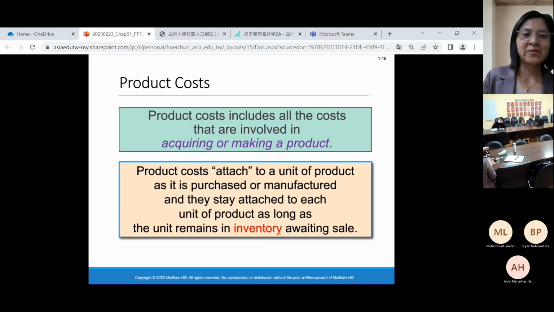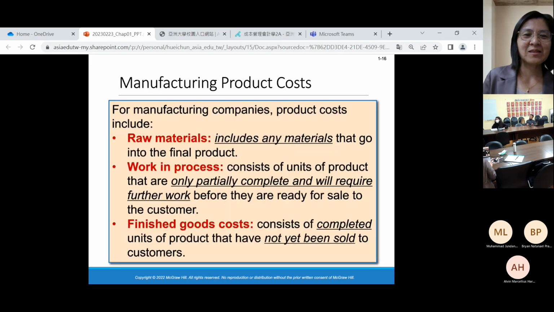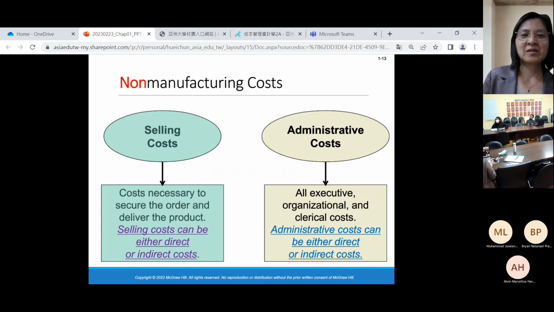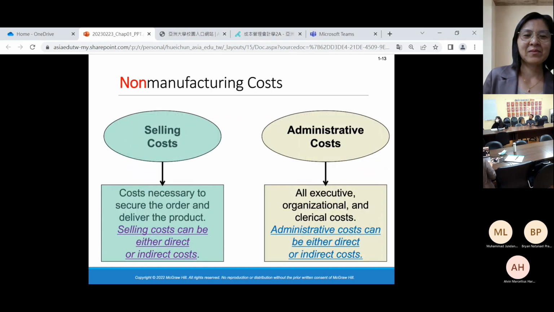So where is the definition for period cost? Let me see. Here. These two are period cost: selling cost and administrative cost.